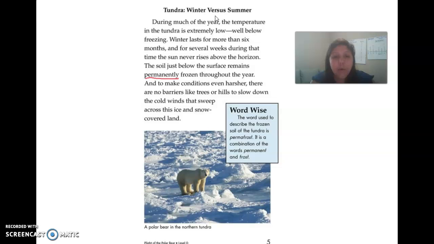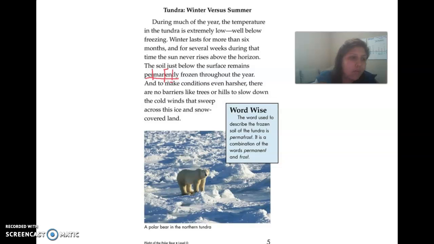It says permanently. Did y'all see how that's broken down? Let's see if I can do this on here. And then ly.